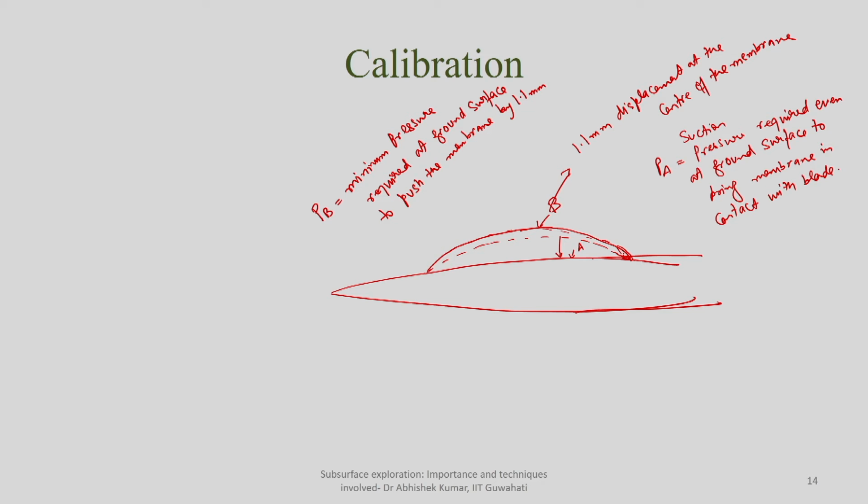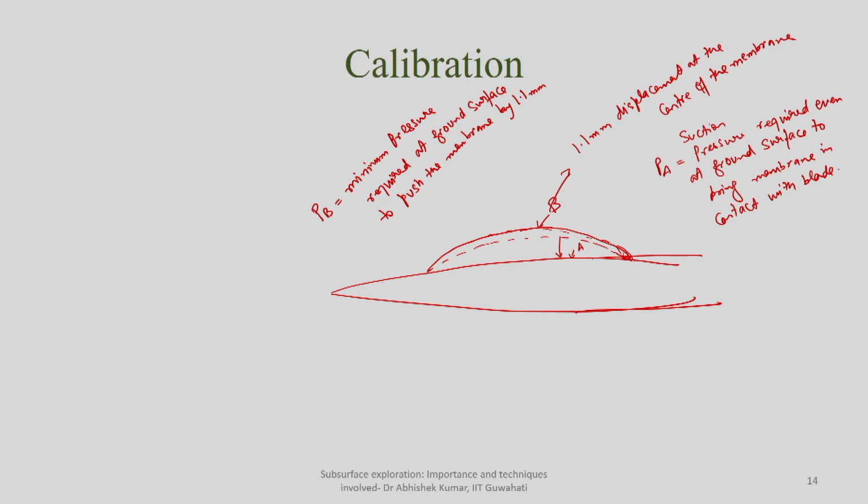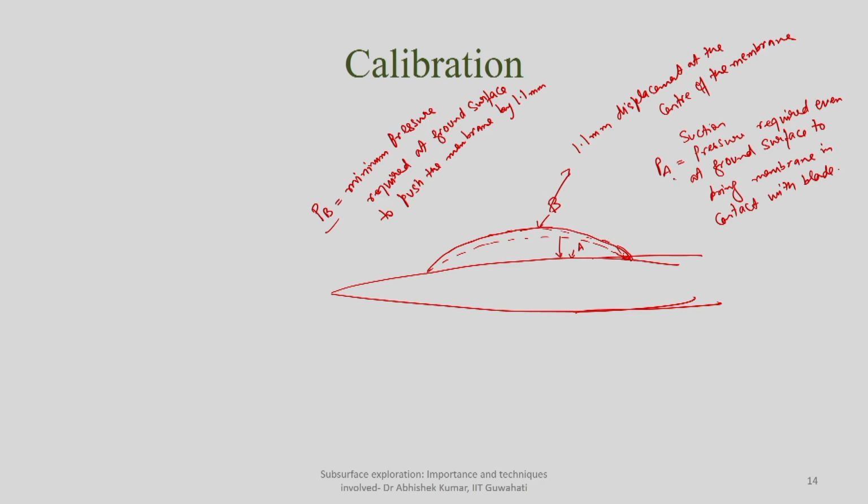So this is the pressure required even at the surface. Remember, we were interested in finding out the pressure required to push the soil by 1.1 mm, but because of the membrane material, some pressure will be required to push the membrane itself even when there is no soil. So this is some kind of additional calibration you have to do at the site of interest.